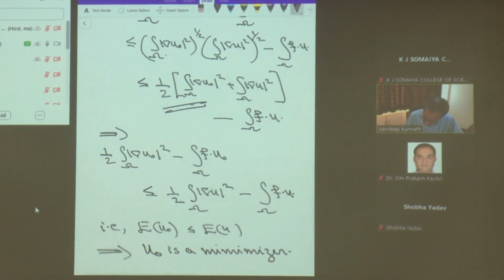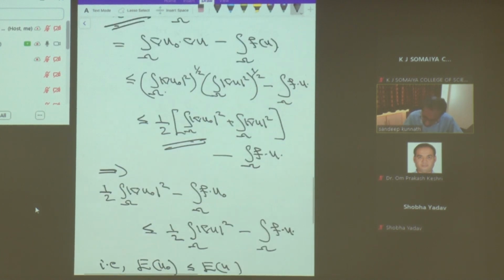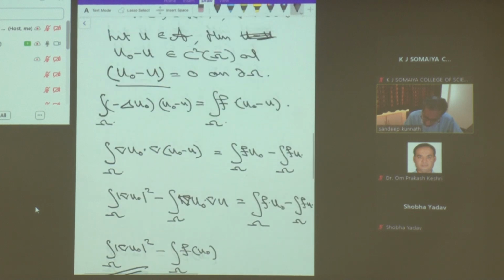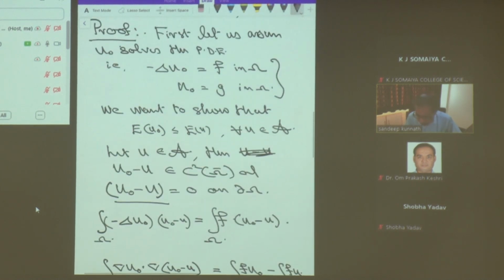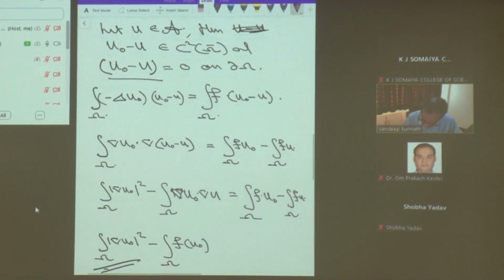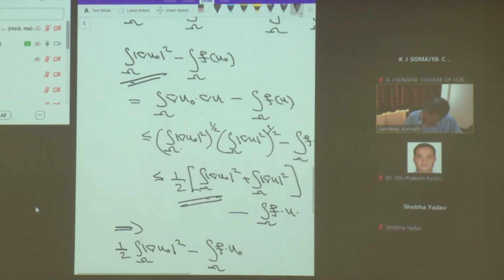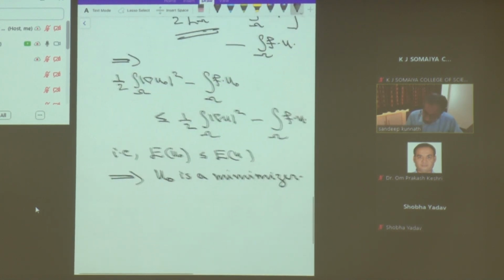Okay. So what we have proved now is that if u naught is a solution of this Dirichlet problem, then u naught is in fact a minimizer of the energy. Now we want to prove the converse.